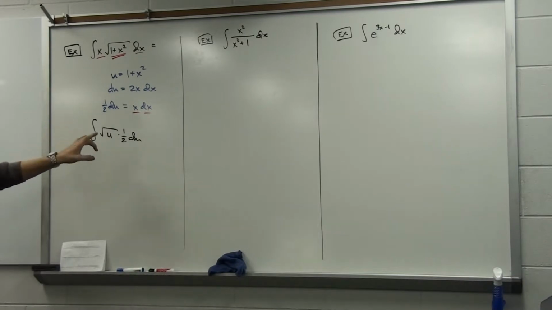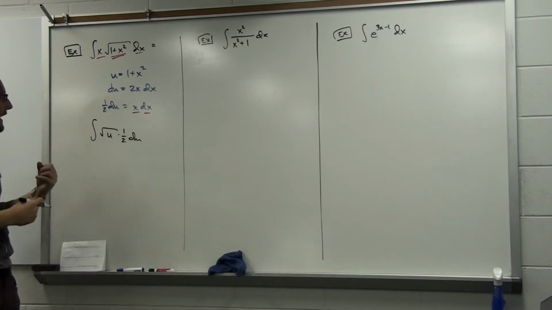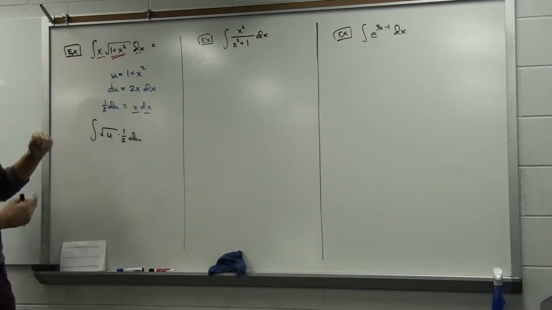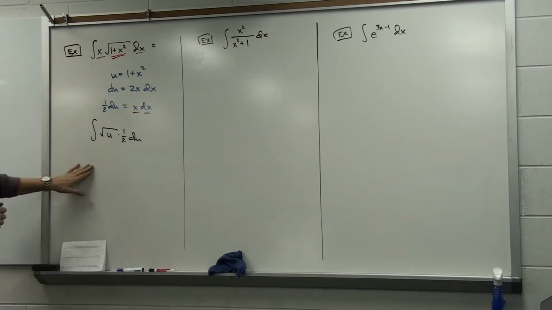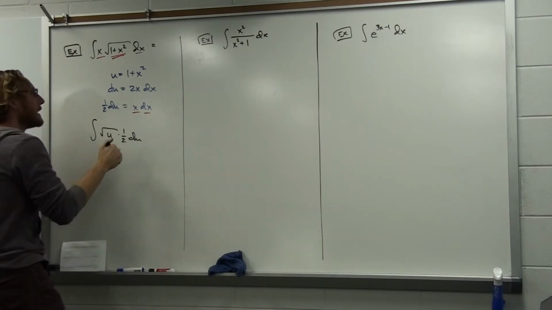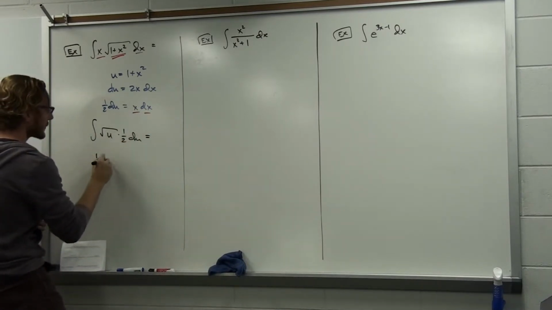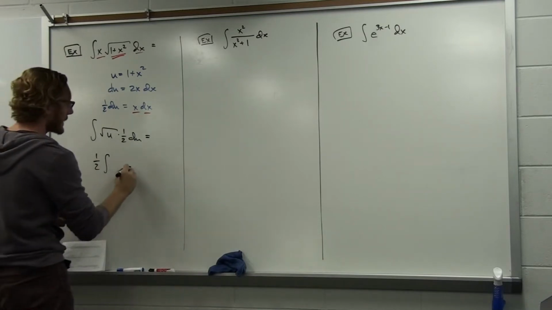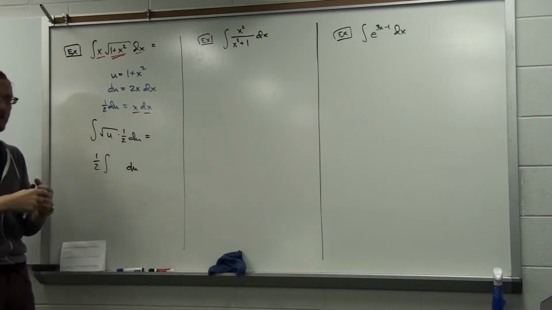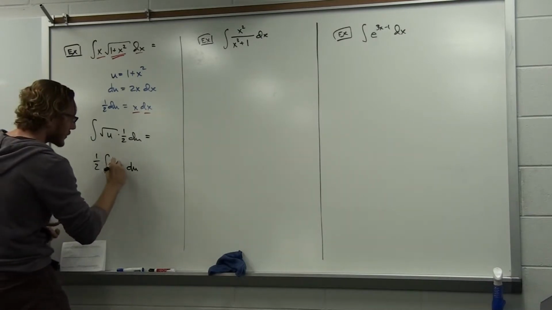Now that may be sort of ugly, but it's still less ugly than our original function. We've got a constant multiple, no sweat. A constant multiple is unaffected by integrals, just like it is unaffected by derivatives. And one more step: rather than having square root u written like this, why don't we write it as u to the 1/2?